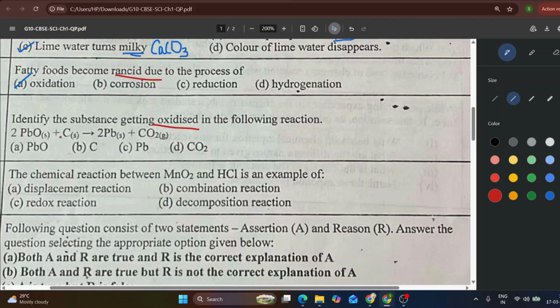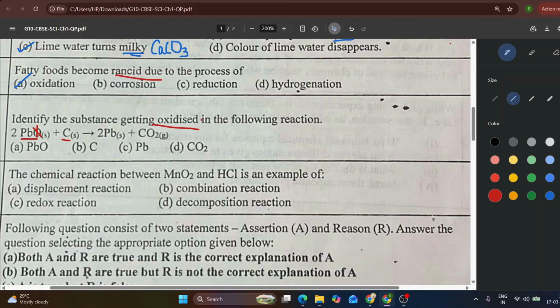In this case, we have two things: lead oxide and carbon. Now you see lead oxide is converted to lead. What does it mean? There is removal of oxygen, and removal of oxygen is nothing but reduction.